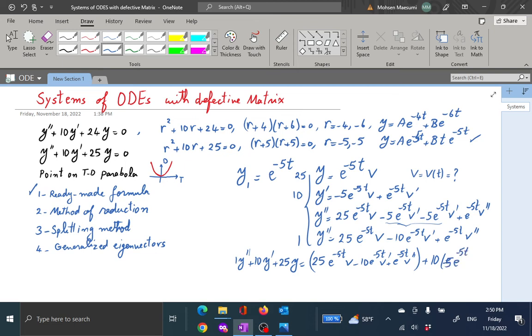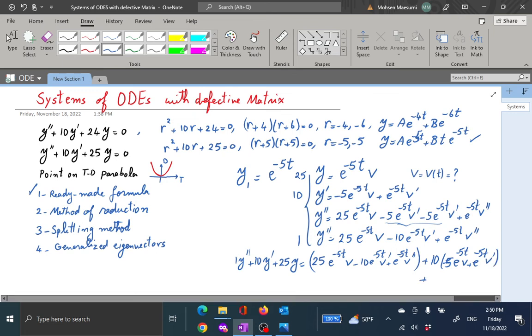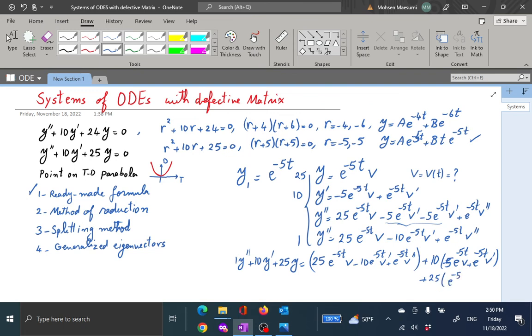It would have been smarter to factor the exponential, which is showing everywhere, but that's fine, we go ahead. Exponential of minus 5t v prime, and finally we have 25 of the first term, 25 exponential of minus 5t v. All of that, if this wants to be a solution of this equation, has to be equal to 0.